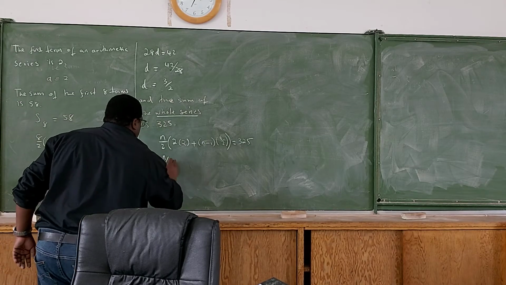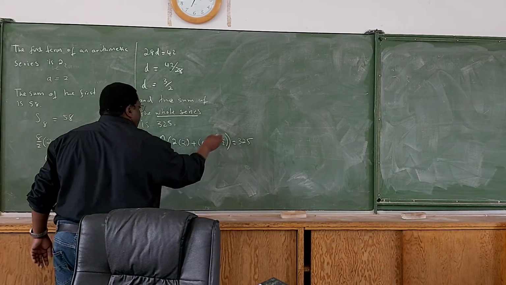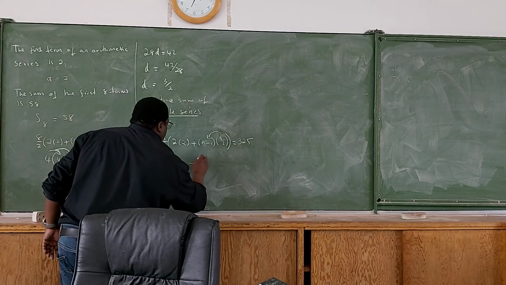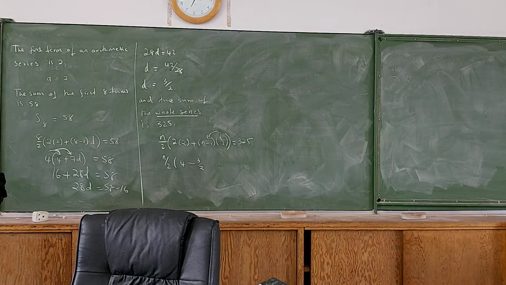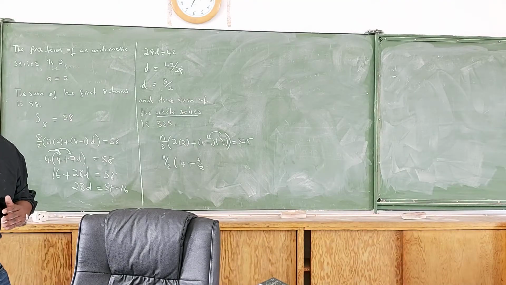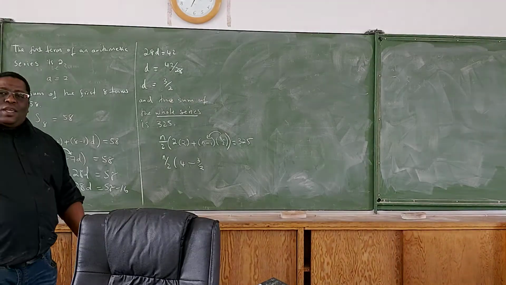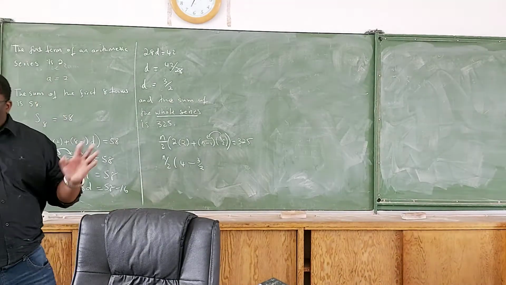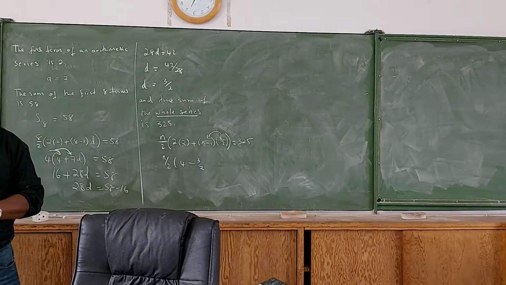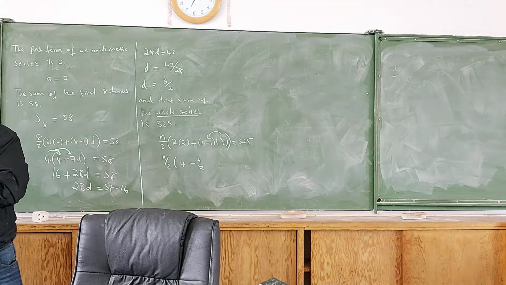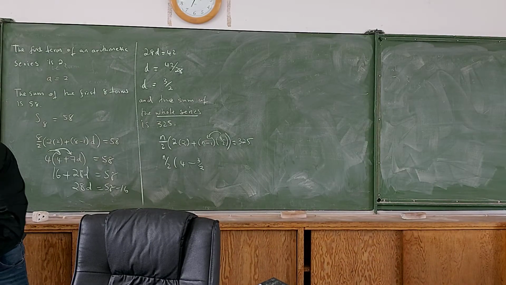So this becomes n over 2, 4, right? What is 3 halves? If you take away 1.5 from 4, what do you get? If you take away 1 from 4, what do you get? And if you take a half from 3, what do you get? 1.5.